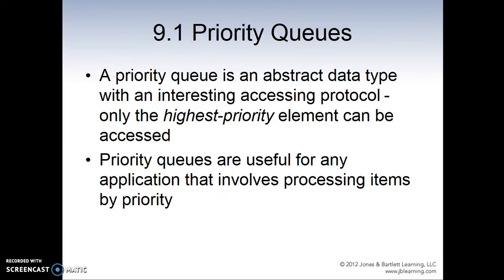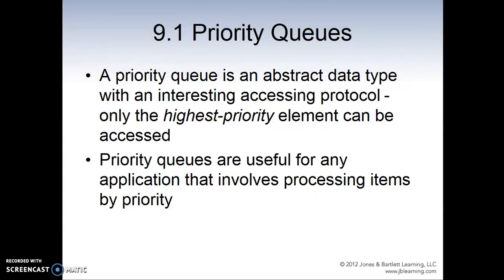So again, PriorityQ is an abstract data type with an interesting accessing protocol. Only the highest priority element can be accessed. Priority queues are useful for any application that involves processing items by priority. We can look at this also in an application or even the operating system.